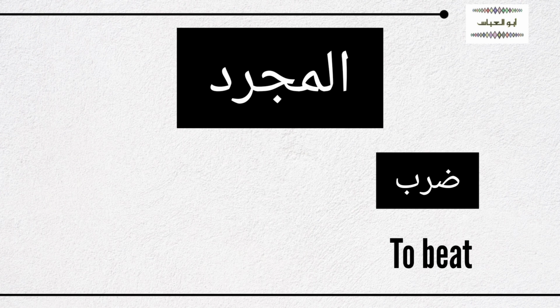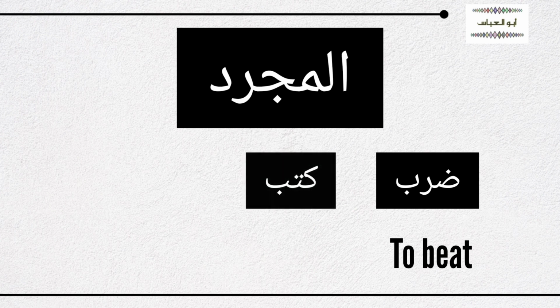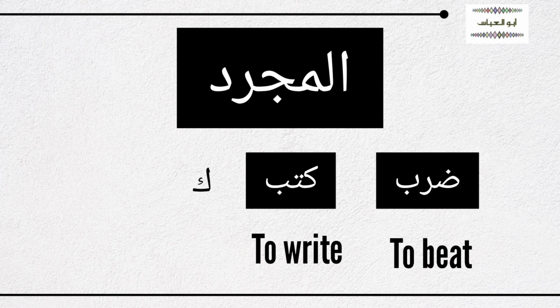Another example of al-fi'lu al-mujarrad is kataba. Kataba means to write. If I take out kaf from kataba, it remains ta and ba, which obviously does not preserve the original meaning.